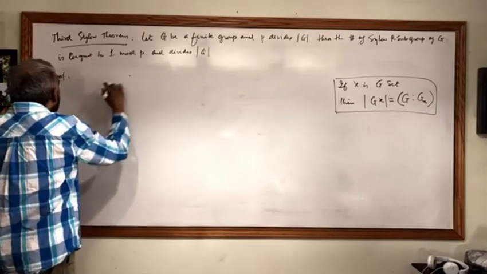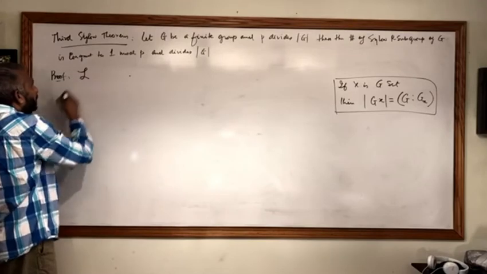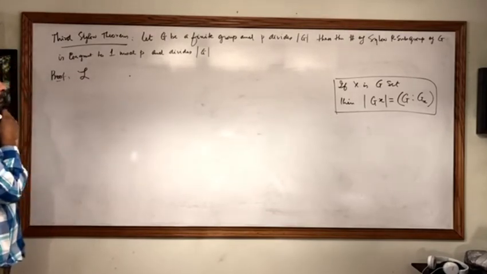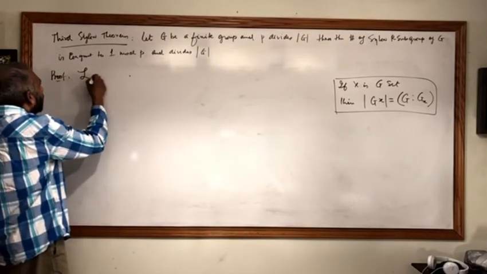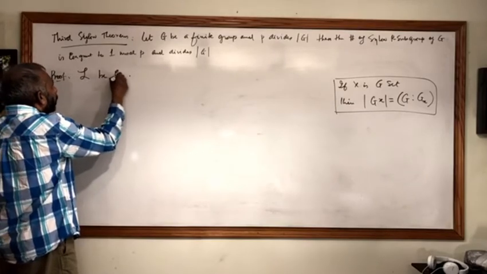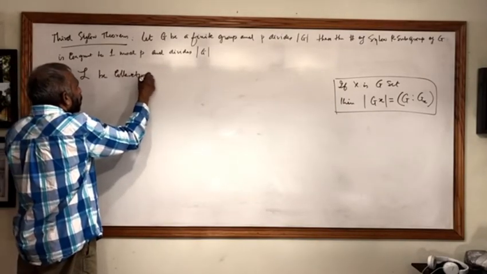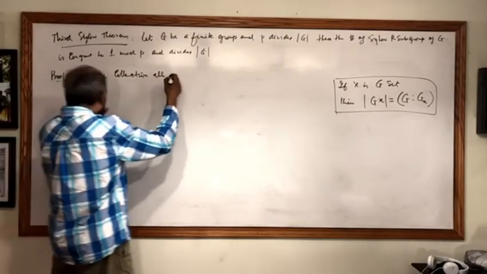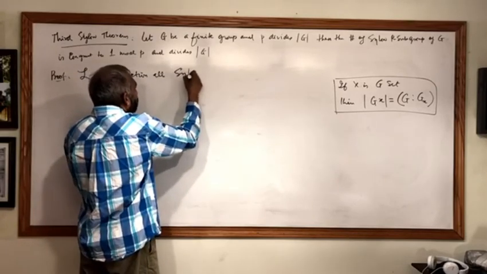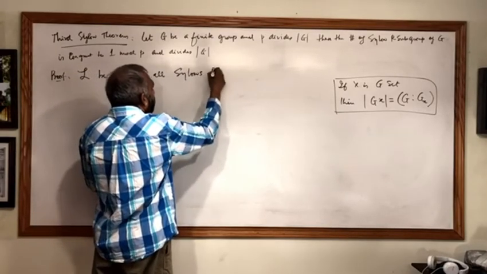So here again, let L be the collection of all Sylow's P subgroups.